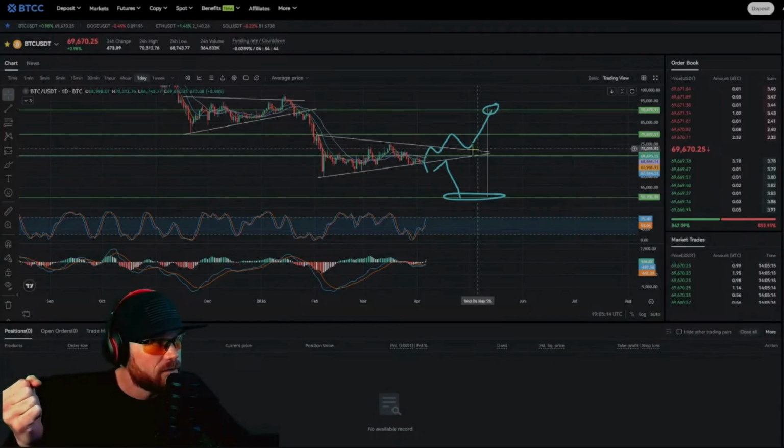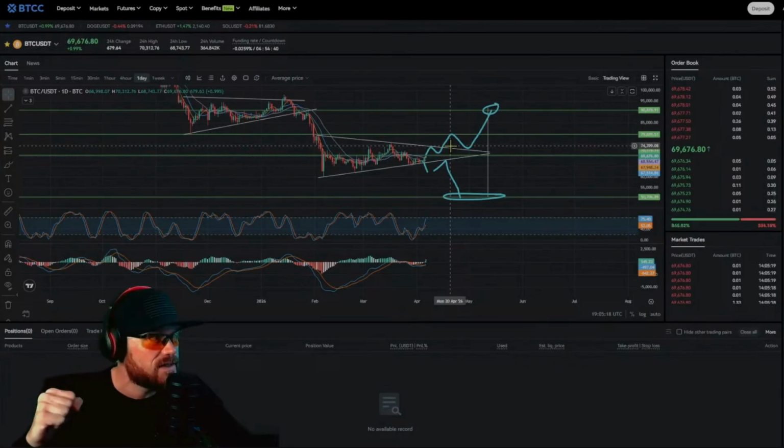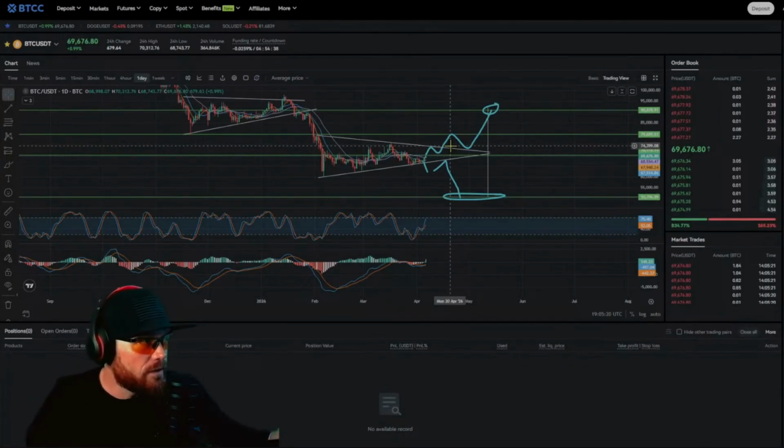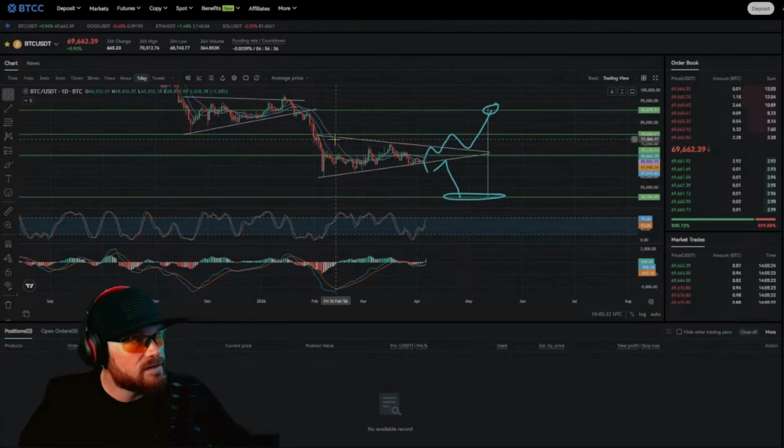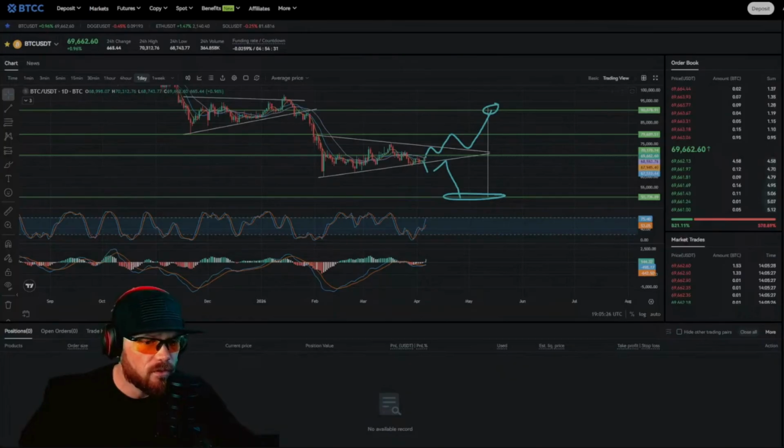So we just have to pay attention to everything happening and wait for this. But definitely when this does get some type of confirmed breakout, or even if this pattern is invalidated, we have to form a new pattern. I'll definitely bring you guys an update on that as well, because this is the make or break moment as we are trying to see if Bitcoin is finding a bottom or if we have a bearish continuation down to 50,000. So that's where we're at, guys.